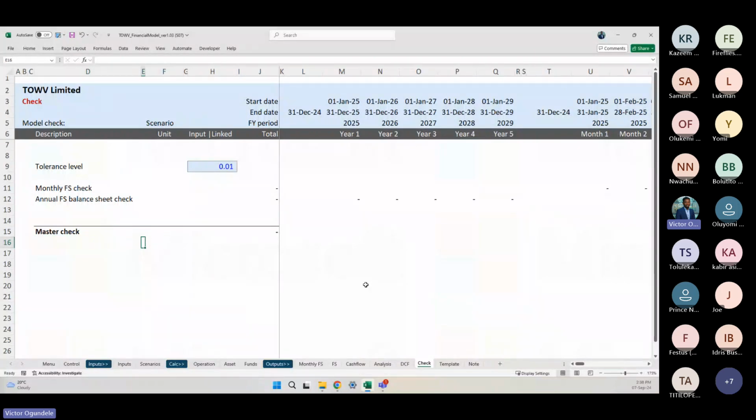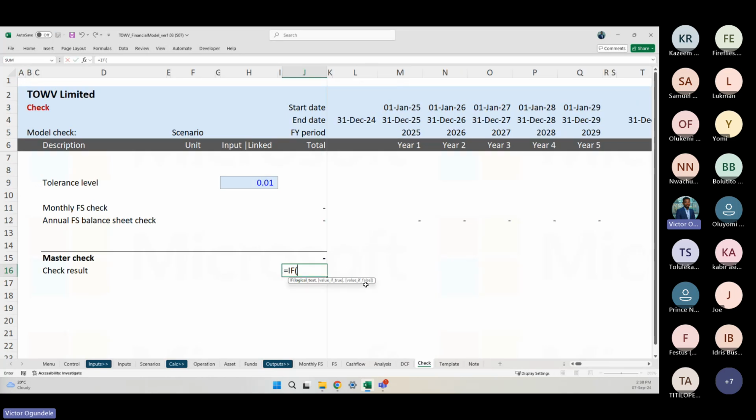Below it we can now say check results. For the check result, we just put equal to IF our master check is equal to 0, comma, then open your double quotes and type model check OK.